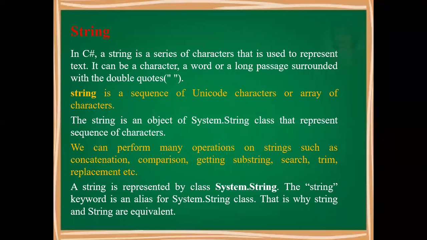But string, as it is an alias keyword already built into the system, we can directly write it. So we need not write System.String class and then create an object of that. So directly you can use string to create a string type variable, which is a reference type.